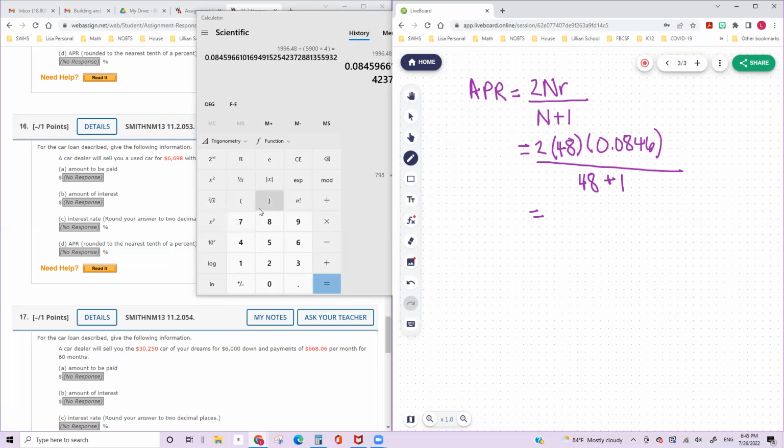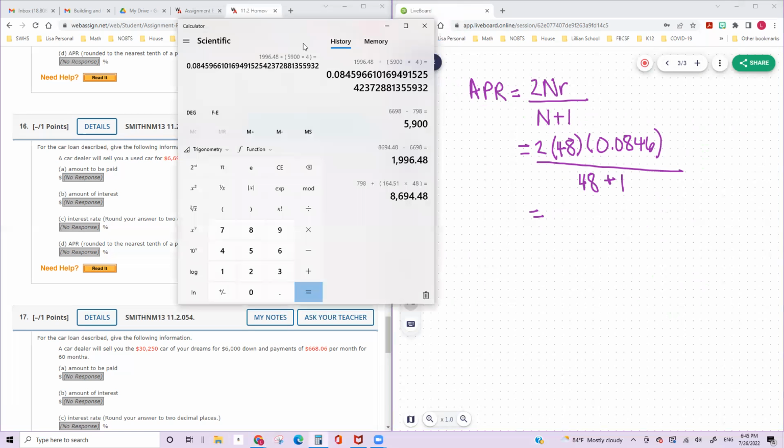Okay, so we're going to do that over here. So we're going to say 2 times 48 times 0.0846 divided by 48 plus 1, which is 49.